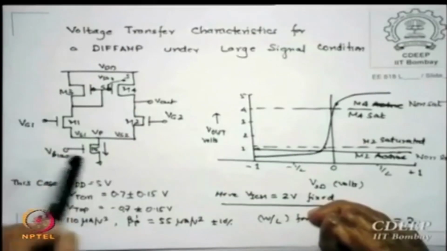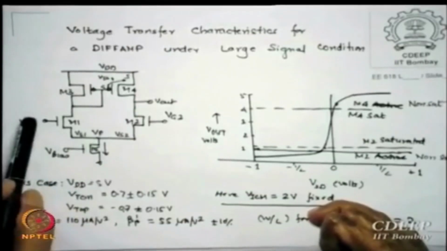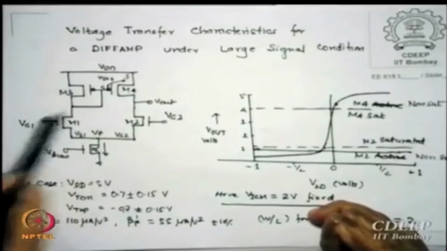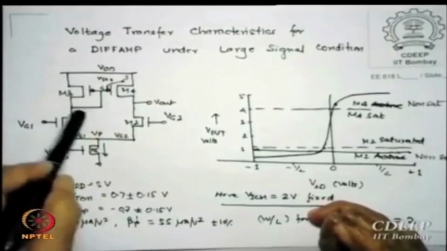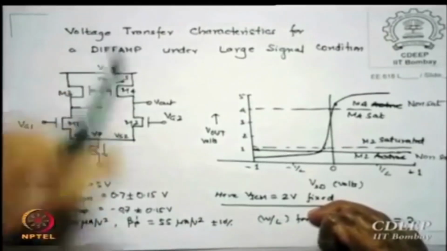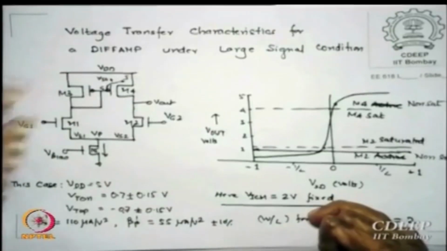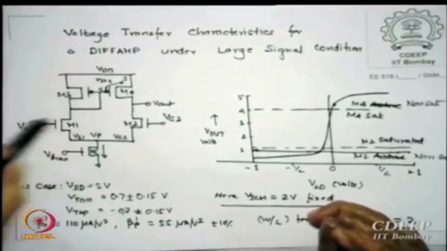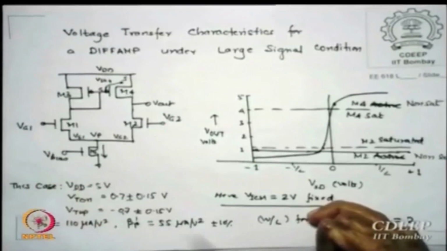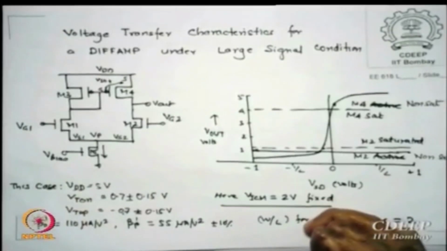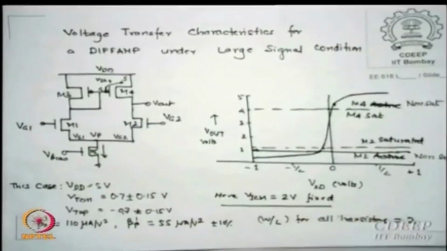So VG1 can be attained through this way or through this way or through this way, which is actually these two are identical because this VDS will be related to VGD, okay. So either I come from here or I come from here, I have the access to reach VG1, and same is true for VG2.